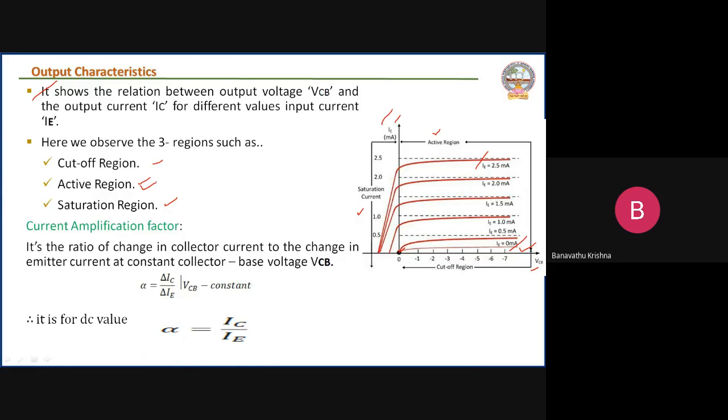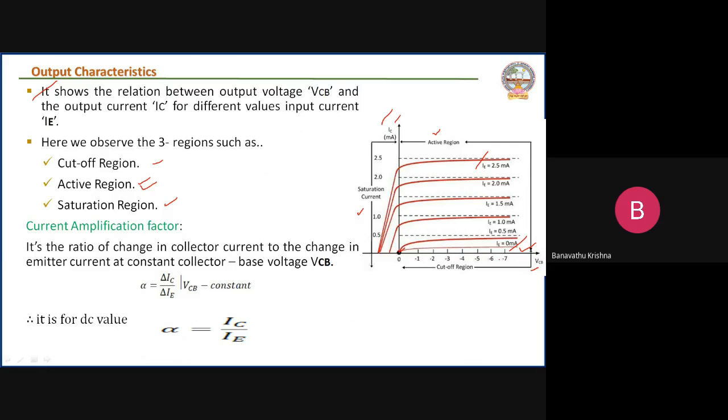Whereas in active mode, the emitter base junction is forward biased and the collector base junction is reverse biased. Once VCB reaches a larger value to ensure a large portion of electrons enter the collector, IC remains constant as shown by the horizontal line.